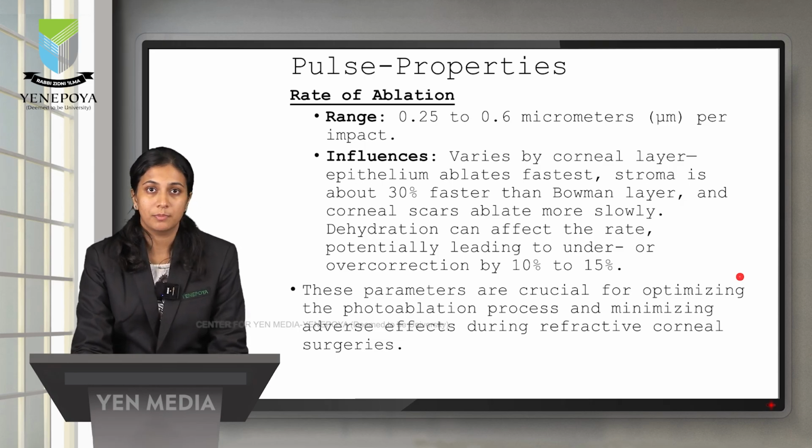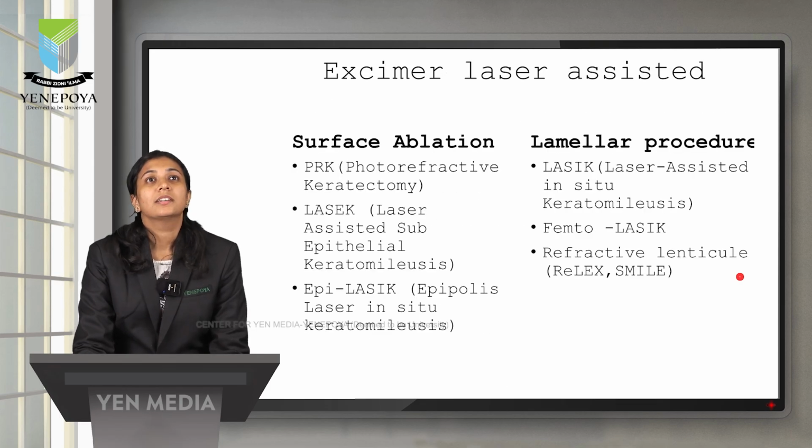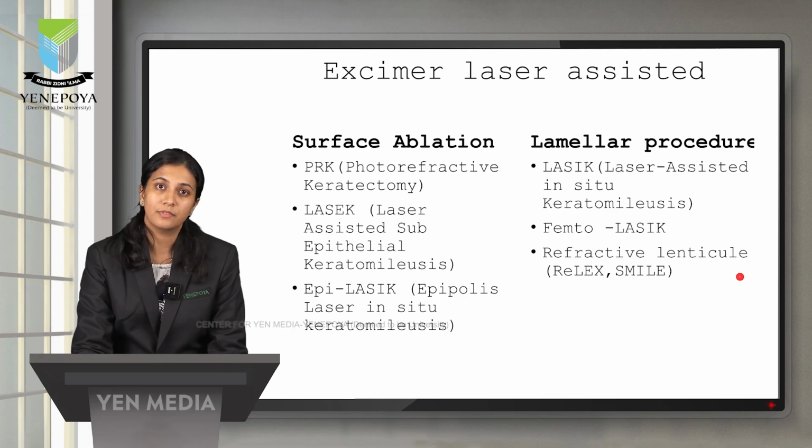Now why are these parameters important? These are important for optimizing the photoablation process and also reducing the adverse effects. Excimer laser assisted surgeries are divided into 2, surface ablation and lamellar procedures.